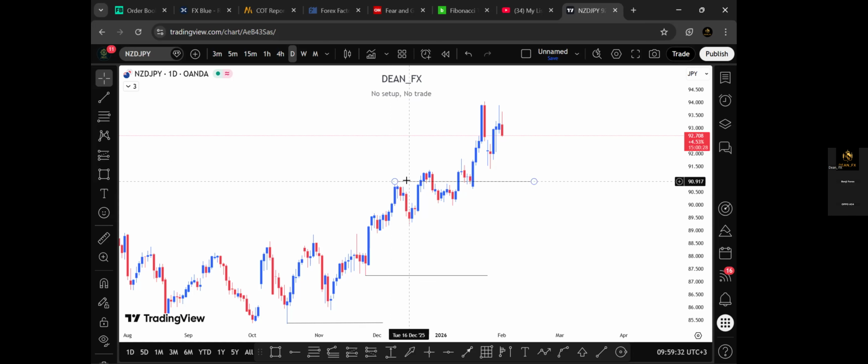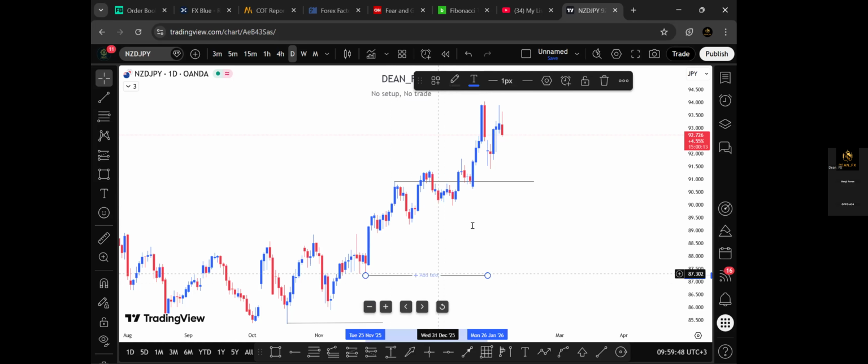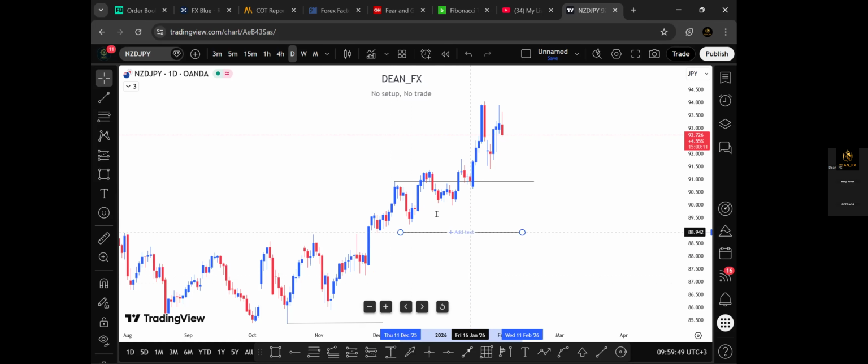So you can target a zone that price seems able to reach. Let's say, for example, after price reacted from this one, this is like liquidity.